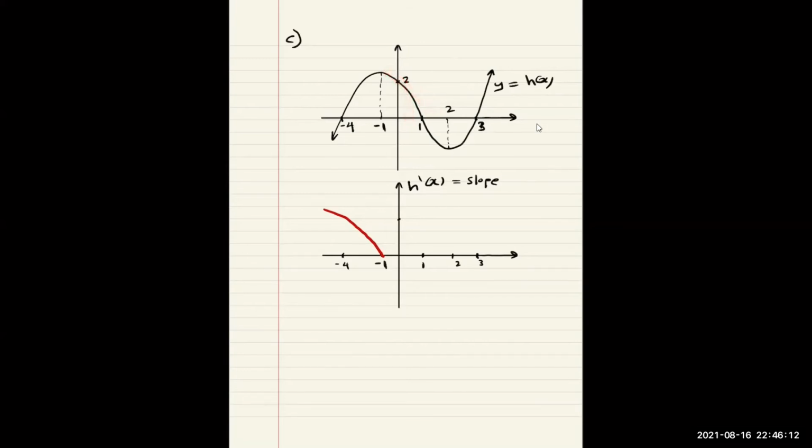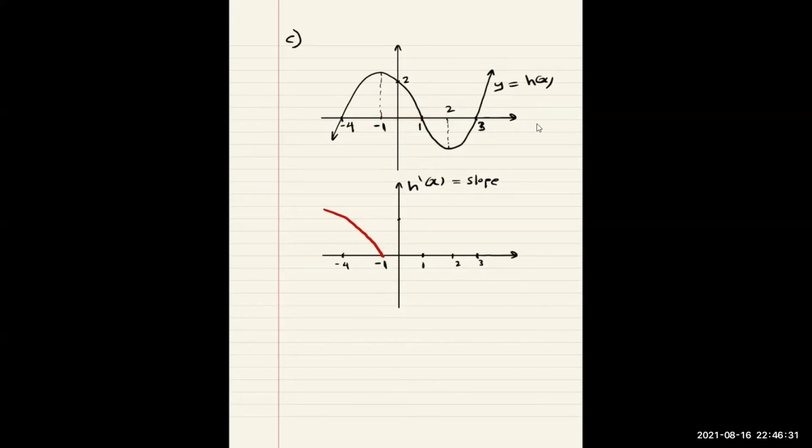Likewise, if you choose any point in this interval, the tangent at that point has negative slope because your function is decreasing. So for all the x values in this interval, your slope has to be negative.